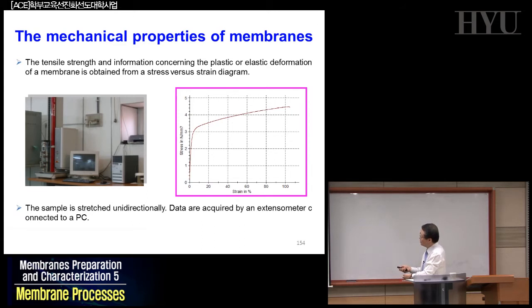The modulus, particularly the initial modulus, the initial slope, is plotted using the Young's equation, where the stress is equal to the modulus times the strain is Young's equation, so that from this initial slope you can calculate the modulus.